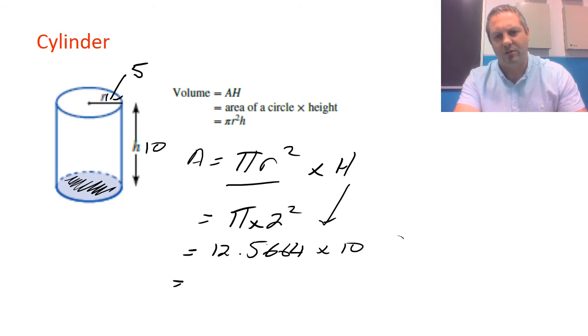All we're doing is moving the decimal place one spot across. So we have 125.6. Now I'm going to round it off, then keep it at 6. And then we'll just do centimeters cubed. So there's our answer. As you can see, the circle continues all the way up, it doesn't change shape, making it a prism.